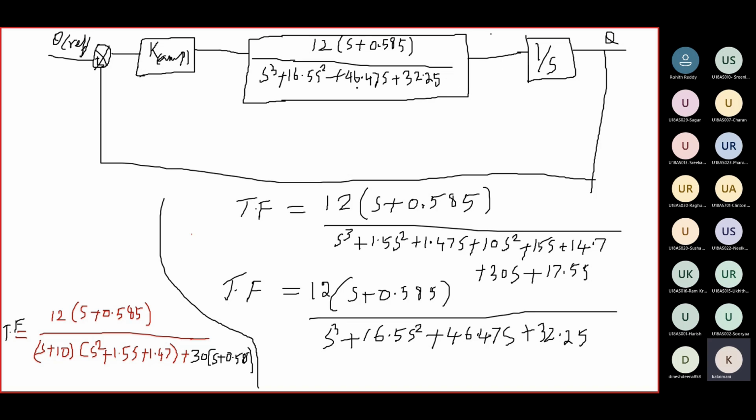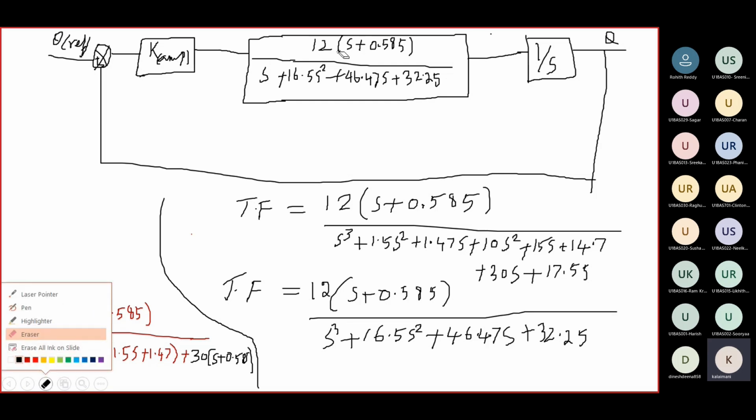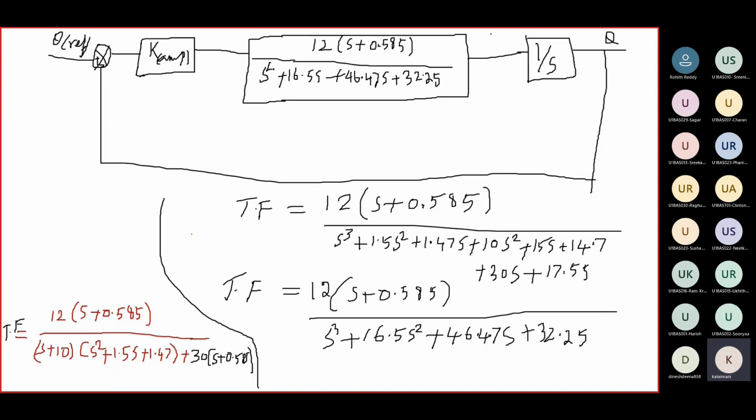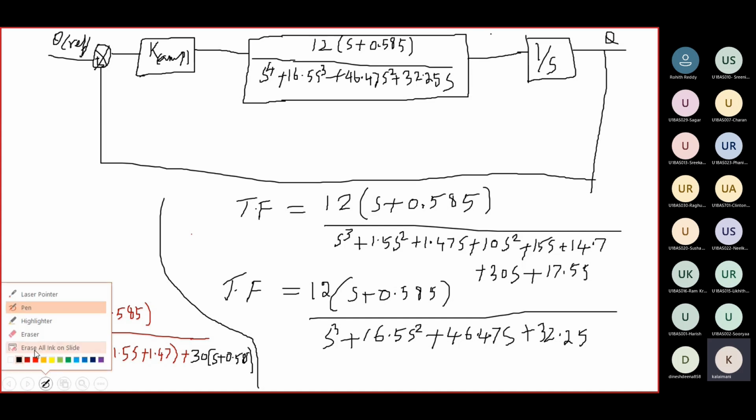If you multiply with 1 by S this block, then this S cube term comes to S power 4, then the S square term comes to S cube, so we get S power 4, then 11.5 S cube, then 46.47 S square, then 32.25 S. Now we remove this 1 by S also.